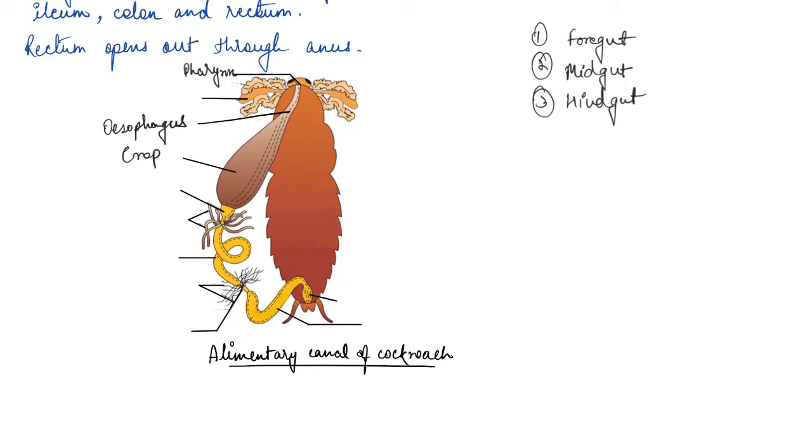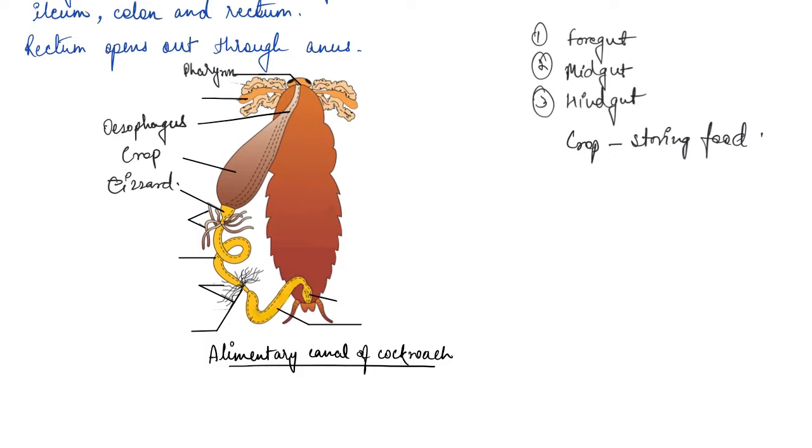Crop is used for storing food. Now, this crop is followed by gizzard, which is also known as proventriculus.